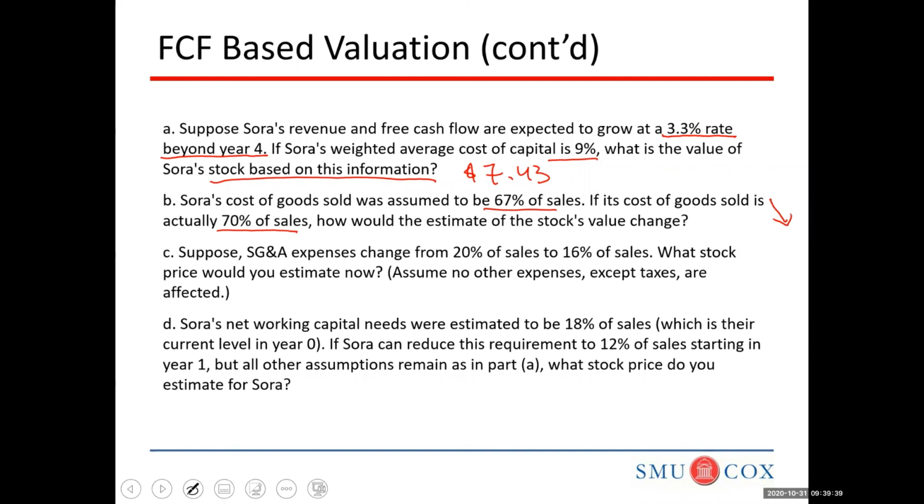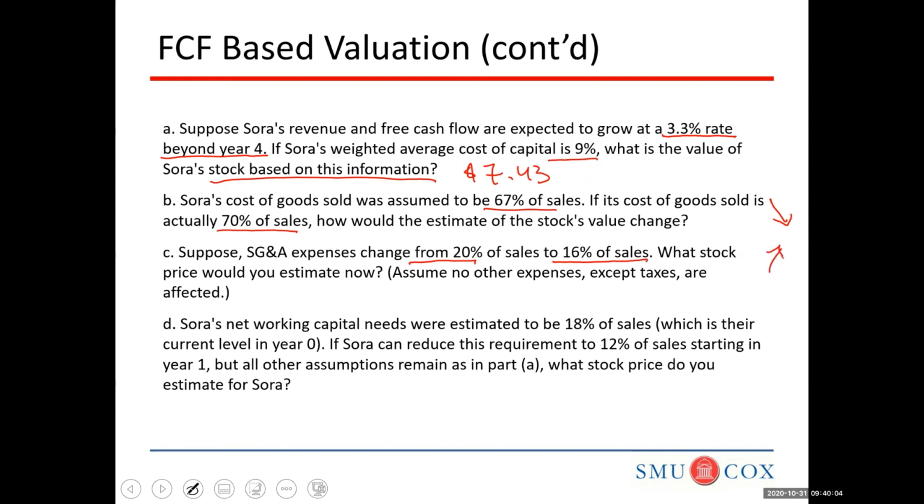So let me read the rest, because I'll handle them all at the same time. Suppose SG&A expenses change from 20%. So they assume 20%, but it will be reduced to 16% of sales. What stock price would you estimate now? It would increase. Go up. Yeah, the share price should go up.